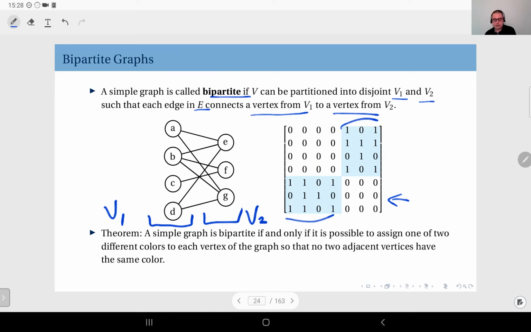Bipartite graphs have a lot of applications again, and here we have a theorem regarding them. A simple graph is bipartite if and only if it is possible to assign one of two different colors to each vertex of the graph so that no two adjacent vertices have the same color. This is long to pronounce, but its meaning is simple.